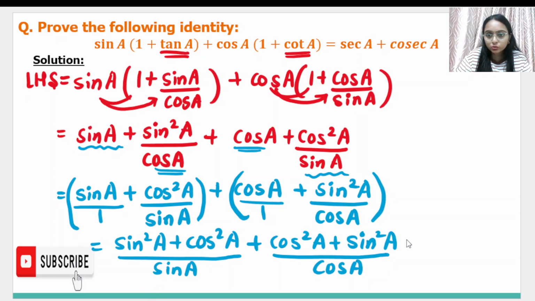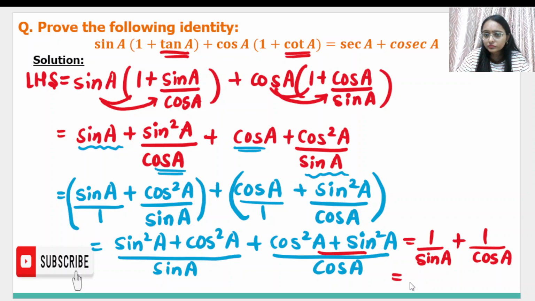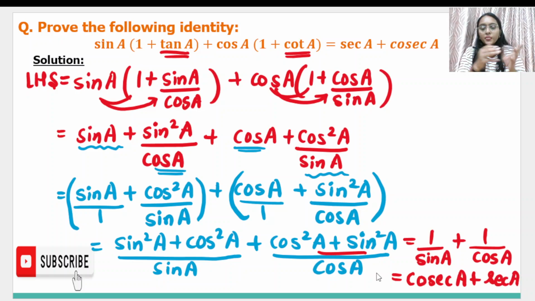So this will change to 1 upon sin A, plus again cos square A plus sin square A gives you 1 upon cos A, and we know that 1 upon sin A is nothing but cosec A, and 1 upon cos A is nothing but sec A. Now if you see the right hand side, it is nothing but sec A plus cosec A. So left hand side is equal to right hand side. We have proved this identity.